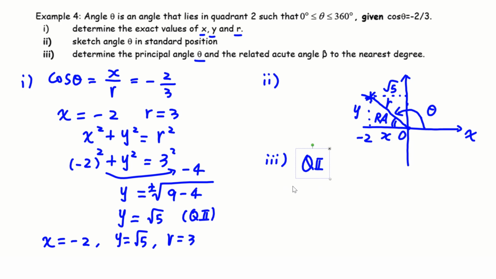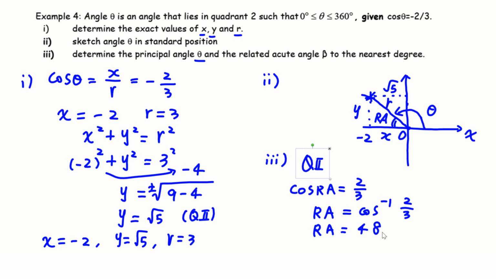So determine RA will be positive ratio only because RA is less than 90 degrees. So do the inverse of cosine. We have cosine inverse 2/3. Then use your calculator, you will find out it's 48.2 degrees.